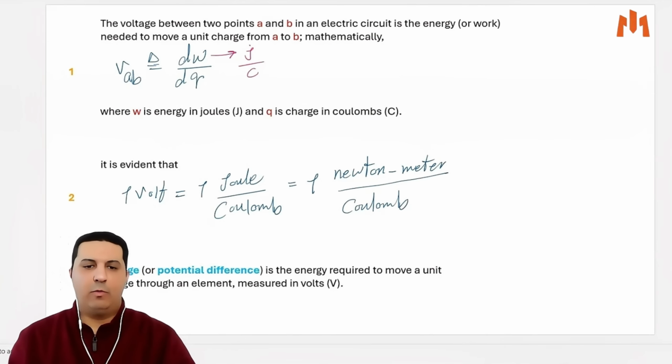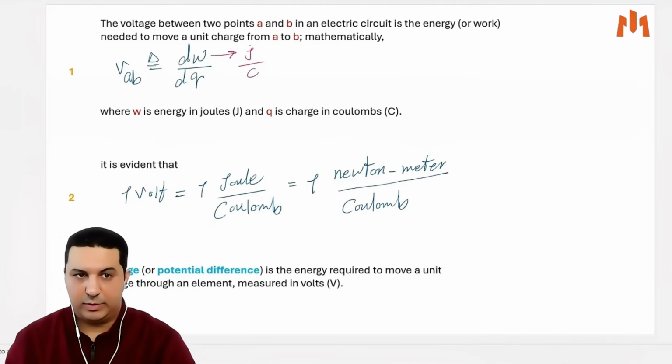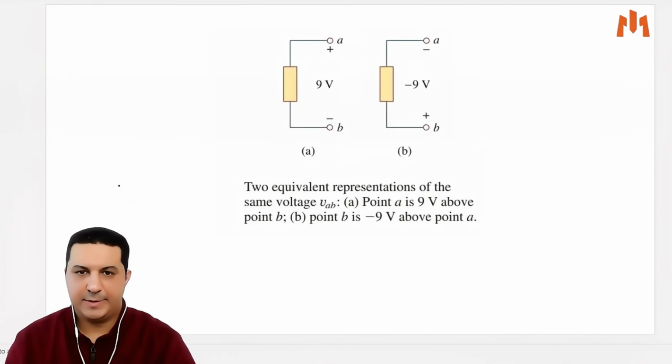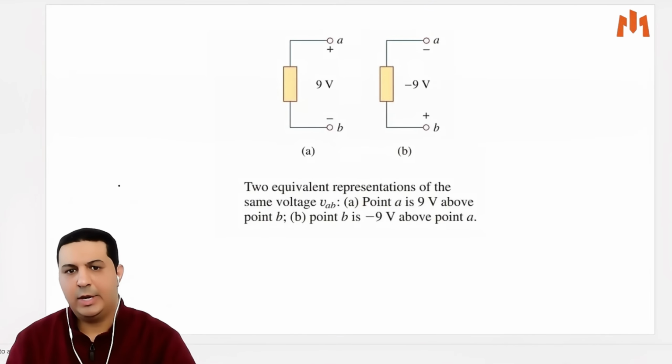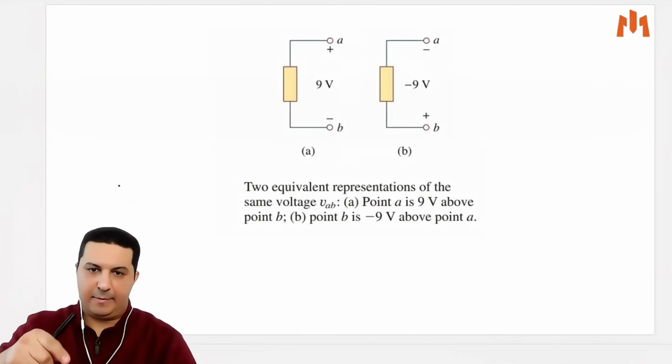So thus, voltage or potential difference is the energy required to move a unit charge through an element measured in volts. Okay, here you can see two different shapes. The two equivalent representations of the same voltage VAB, the voltage between 2 points A and B.